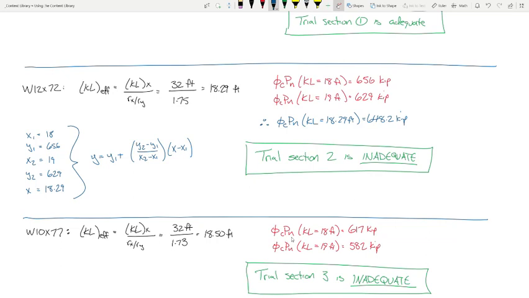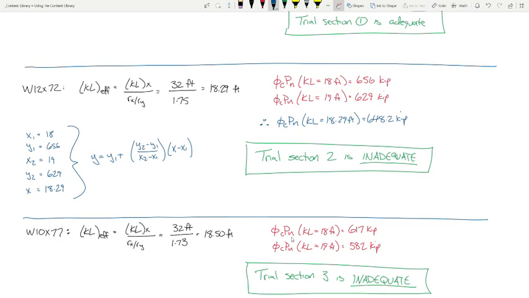I know this seems like a lot of work, but it seems like a lot of work because we've been going through it step by step here. My question to you is, if I give you another column design problem to do at home, can you take what was probably 2 to 3 pages of work and turn it into 1 page of work because there's a lot of stuff you didn't need to do? That's my question for you. Does that make sense?